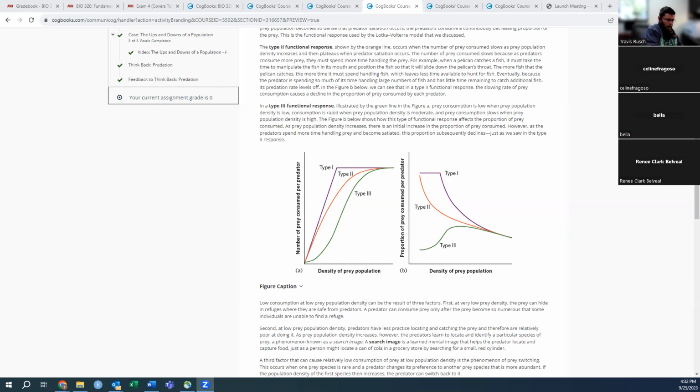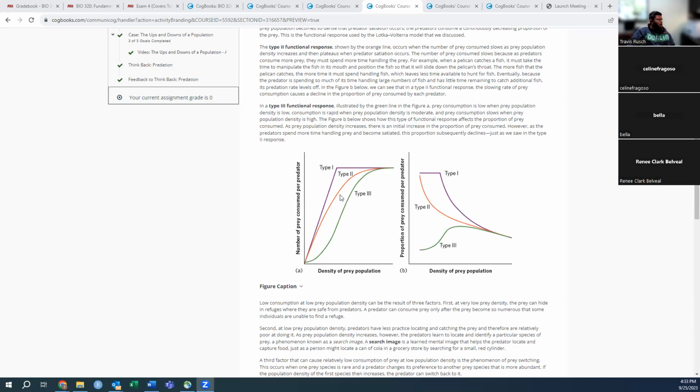Now, what's going on with the type 2 curve? It looks similar to a type 1, but it's slightly different. It looks like the predator population doesn't get full until the density of the prey population reaches its capacity, because it goes up, and then it starts to plateau way at the end.